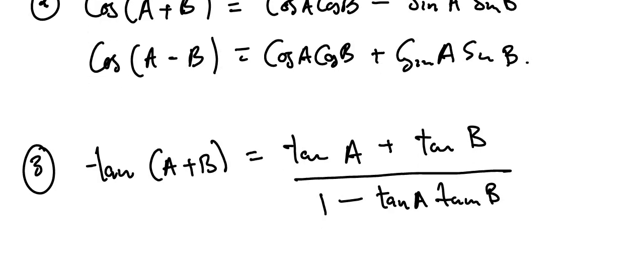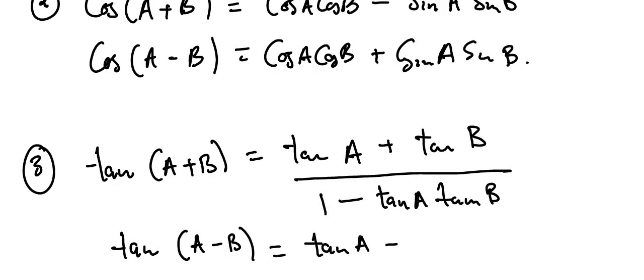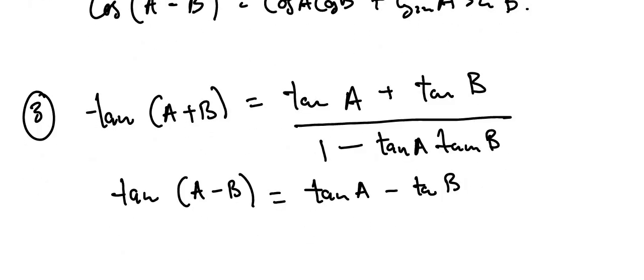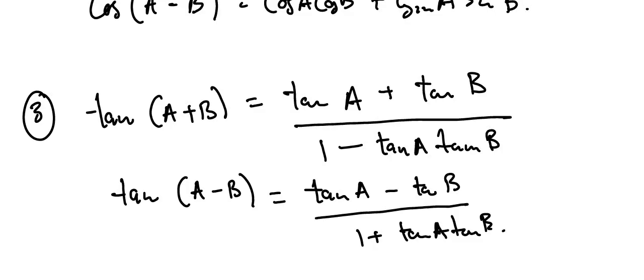Then for minus, if it's tan of A minus B, this is basically going to be tan of A, then we follow the rule there, that's simply going to be minus tan of B. Then the guy at the bottom will be plus. Now it changes. It becomes the opposite of what's on top. So this is literally what you're going to get in terms of the double angles.